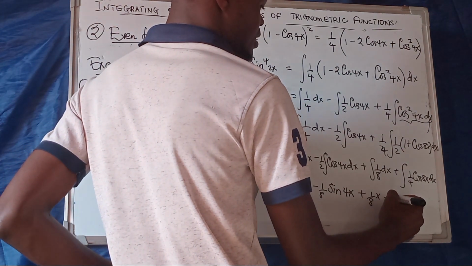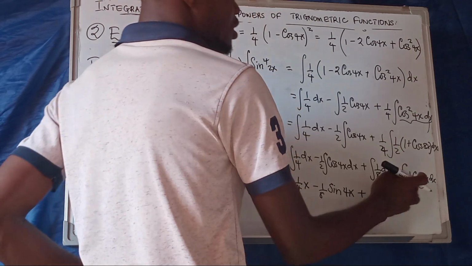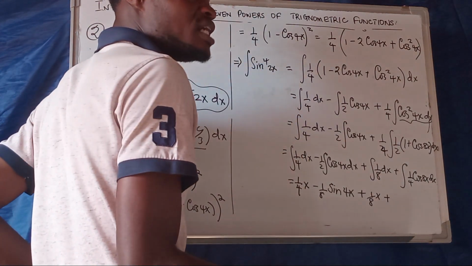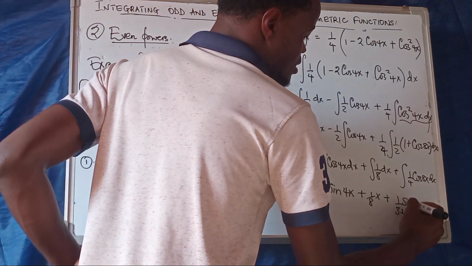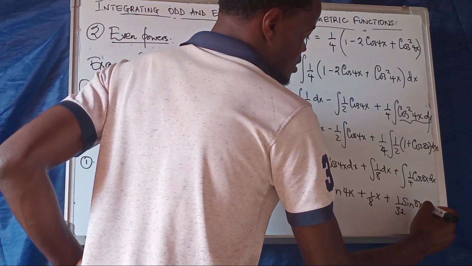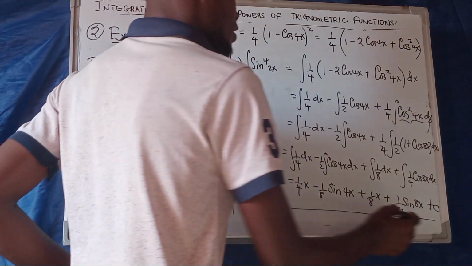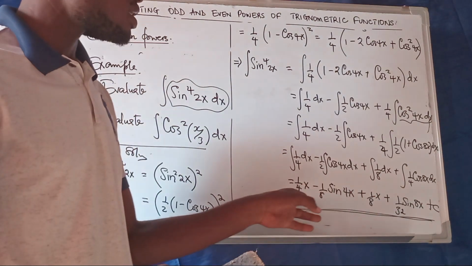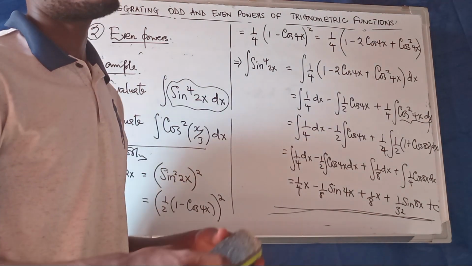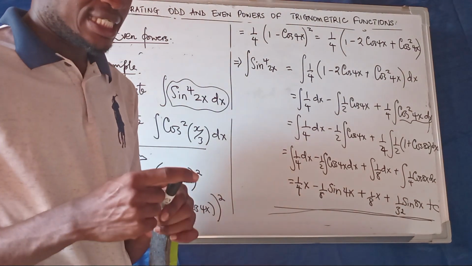Then plus 1 over 8 times 1 over 4, so it is 1 over 4 times 1 over 8. 8 times 4 is 32, 1 over 32 sine 8x plus the constant of integration. So you can go ahead and add this one and this one, a quarter plus 1 over 8, and solve to the last step.